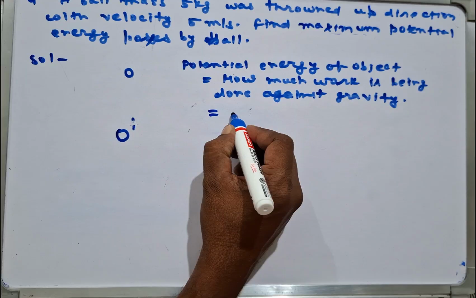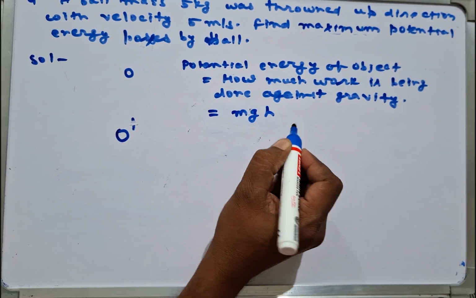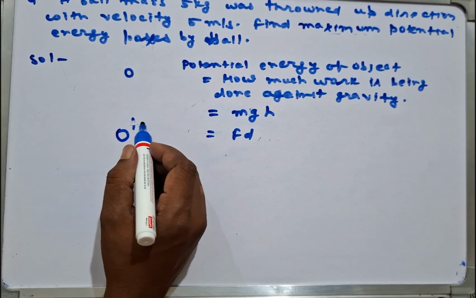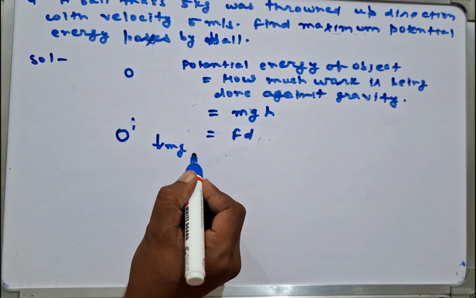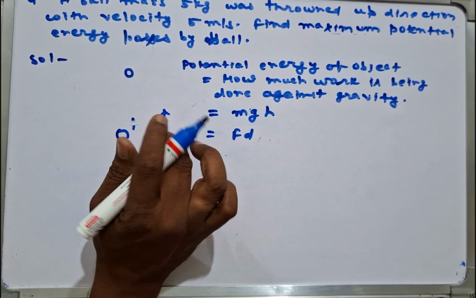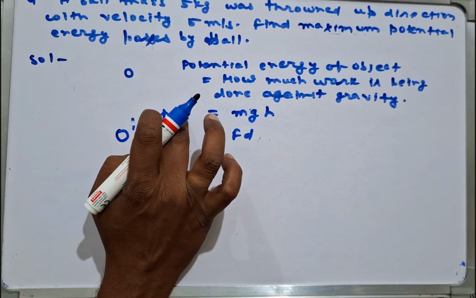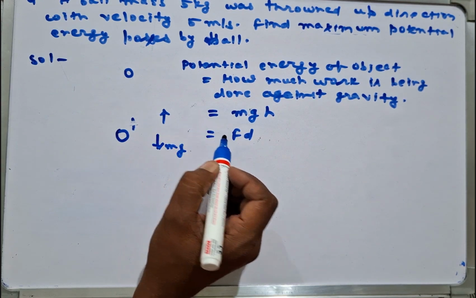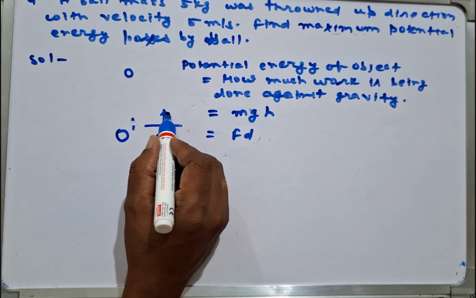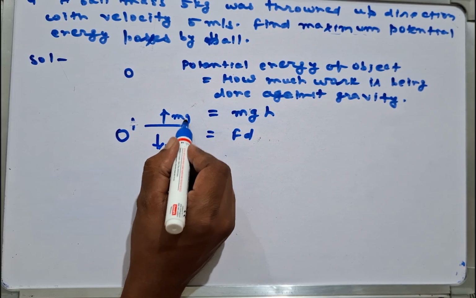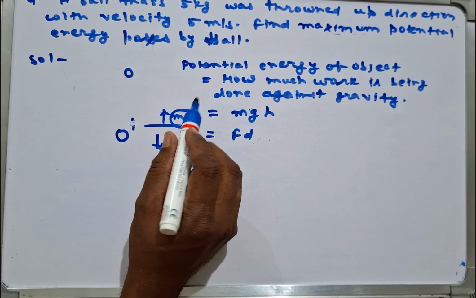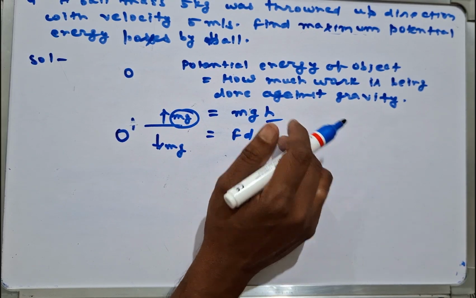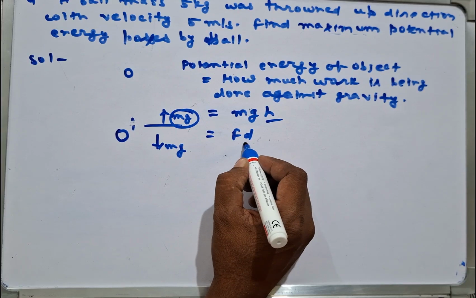This potential energy equals mg into h, because here force into displacement, the force due to gravity is mg in the down direction, the ball is going in the up direction, so you are doing work against gravity. So here you need to apply an equal force, so we are assuming mg is the force acting in the up direction, and h is the height, which is here d.